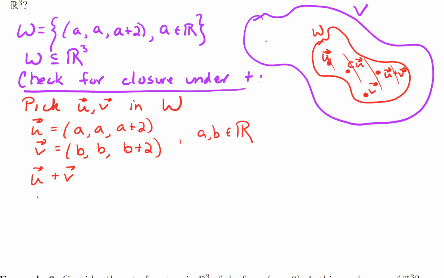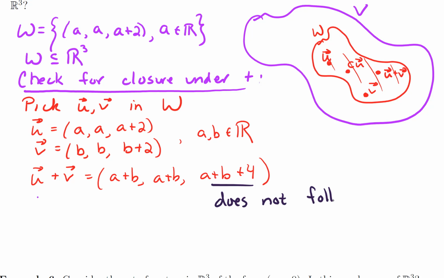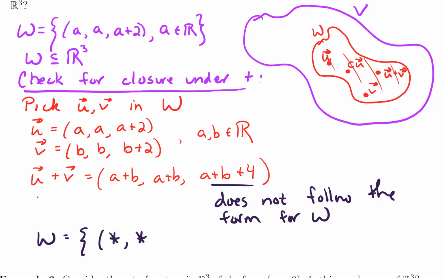If we add these up, we get a plus b, a plus b, and a plus b plus 4. And this does not follow the form for W. Recall that W said, to live in W, you need vectors of the form: anything in the first spot, the same thing in the second component, and then in the third component you still need that same number, but you add 2 to it.